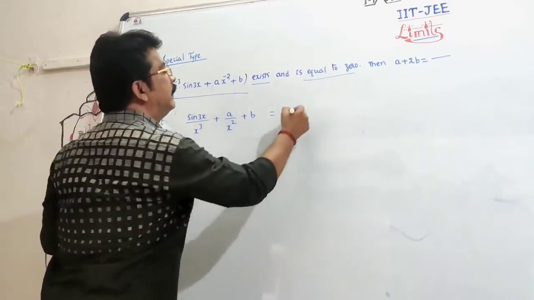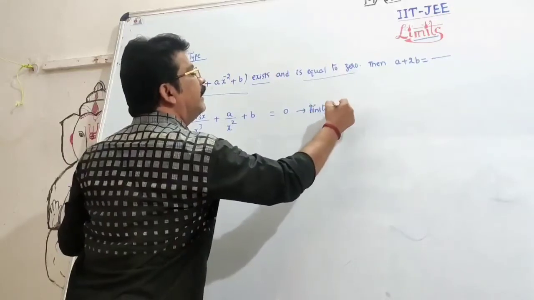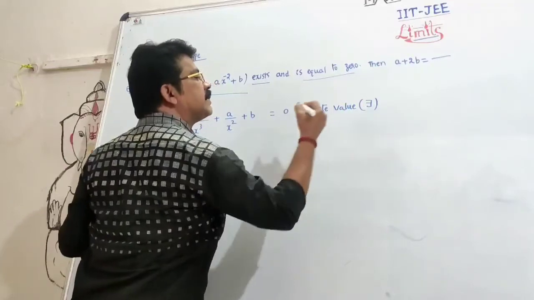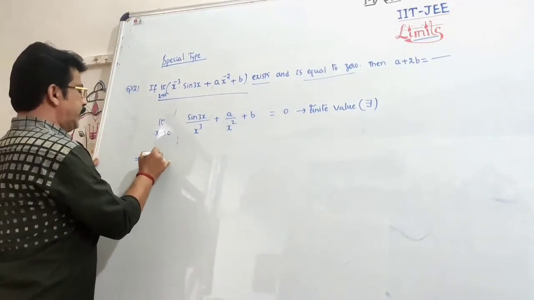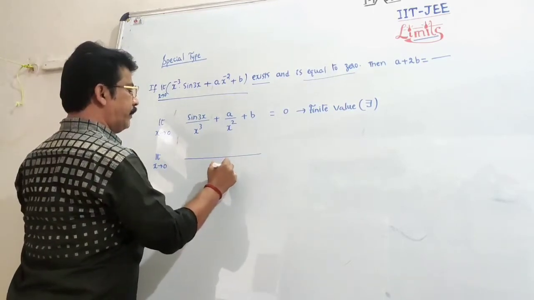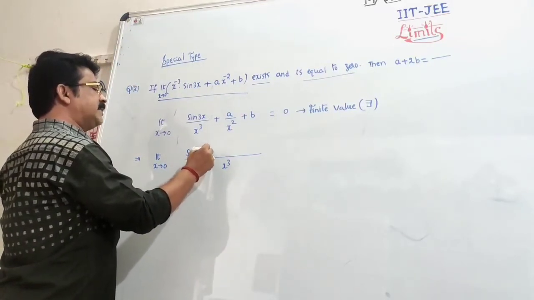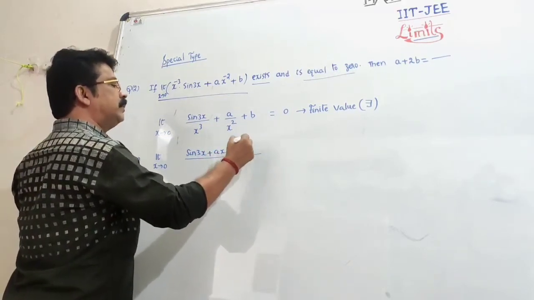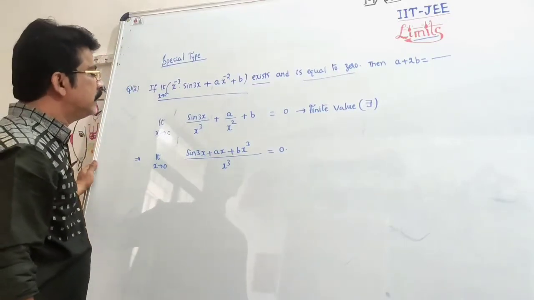He said like that. 0 means it is a finite value and it exists. Remember. So on simplification, we are taking the LCM x cubed. This is sine 3x plus ax plus b x cubed, over x cubed, that is equal to 0.